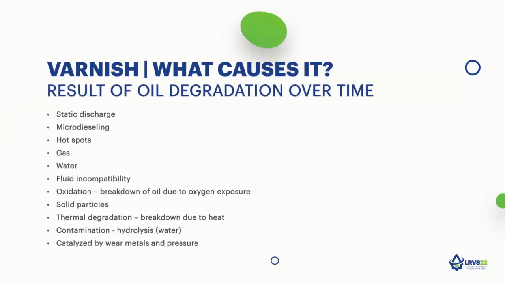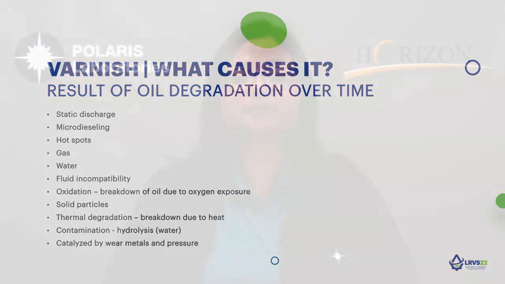What causes varnish to degrade? Basically, it's a result of oil degradation over time. That is what causes varnish. Static discharge, dieseling, hot spots, gas, water, fluid incompatibility. For example, if you have a PAG mixed with a mineral oil, that can significantly impact the varnish formation.